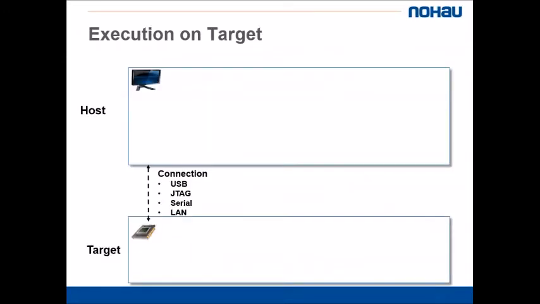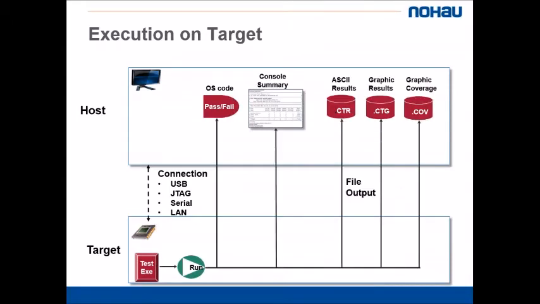When you're developing your executable, you normally do that on your host, and you download it through the connection that you have to your target, if you want to run it on target. And then you have different possibilities to get out the result from that executable. It depends on what option you have. Let's say you have a JTAG, for example.